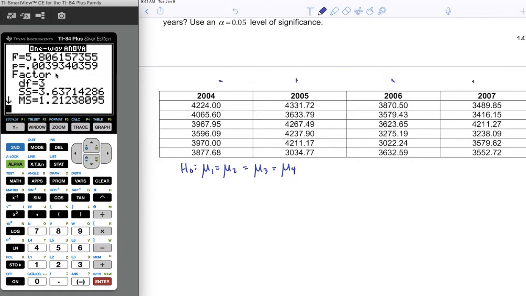So 3 or higher, and you use ANOVA. If there was only 2, you could do a 2-sample t-test, right? But here we have 4. H1 is the same. At least one population mean is different from the others.